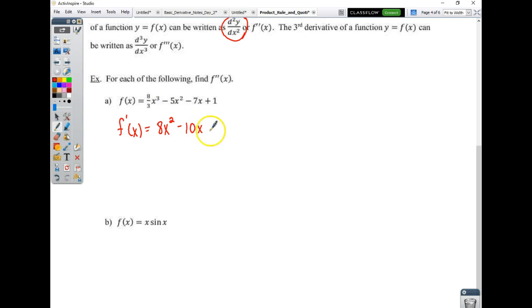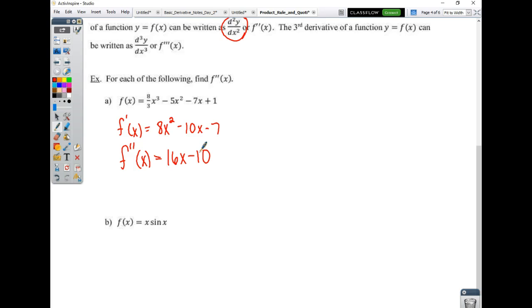Okay, there we go. Minus 7, right? So what's the second derivative? Anybody want to take a guess what the third derivative is? 16. What's the fourth derivative? Nothing. It is something. It's 0. I love those extra derivatives.